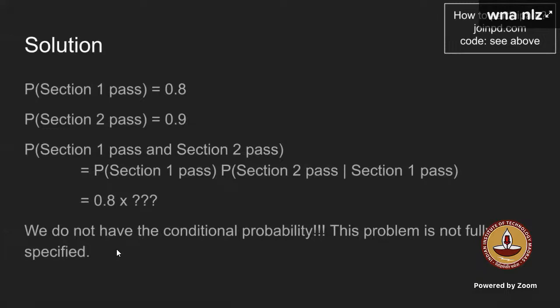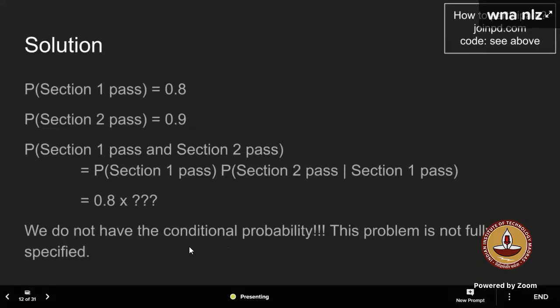You can see the solution slide: we don't have the conditional probability. This problem is not fully specified. The purpose of this slide was just to make you alert that never assume that both the events are independent or dependent unless it is explicitly mentioned in the question. We only have the probability of passing in section 1 and the probability of passing in section 2.